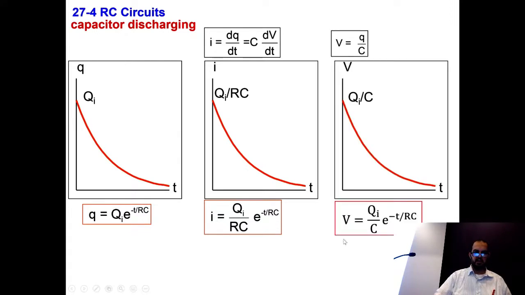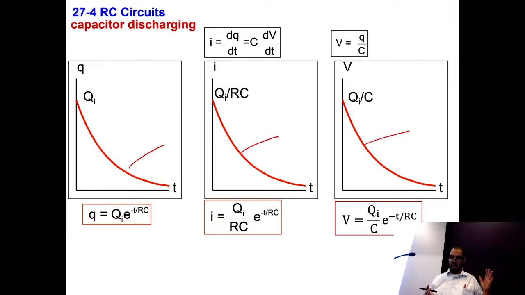The voltage, same thing. The voltage across the capacitor is Q over C, and so it is also an exponential. So these are three exponential decays which make our lives easier. Unlike in the previous example of charging a capacitor.